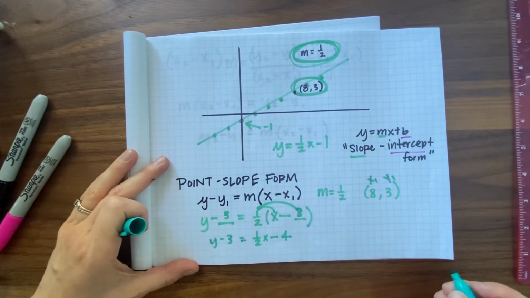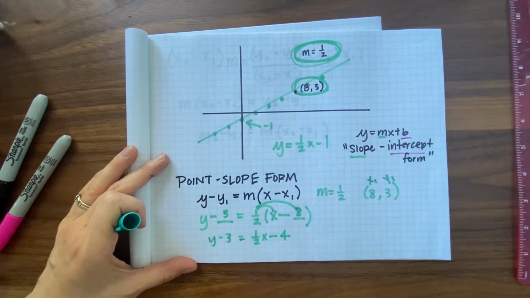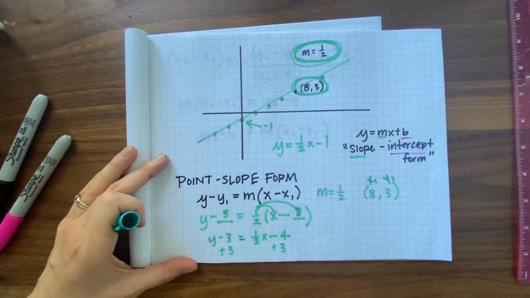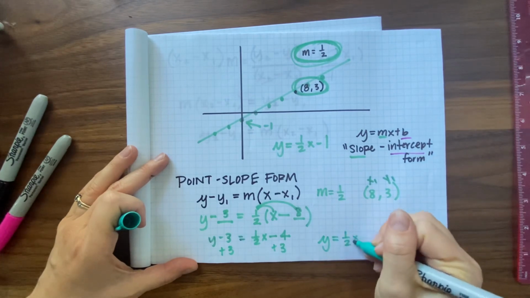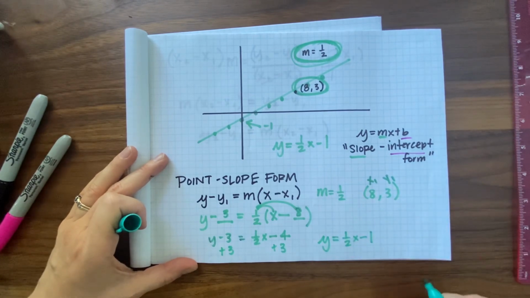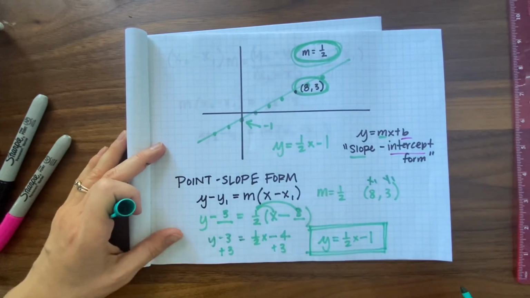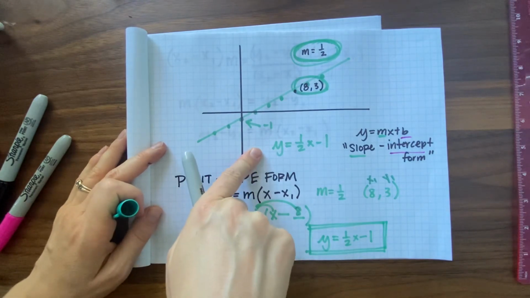And then I want to solve my equation for y. We're going to get this into slope-intercept form. So I'm going to add 3 to both sides. And when I do that, I get y equals 1/2 x minus 1. Ha! I did algebraically here what I did visually here.